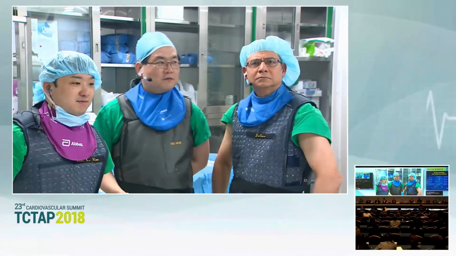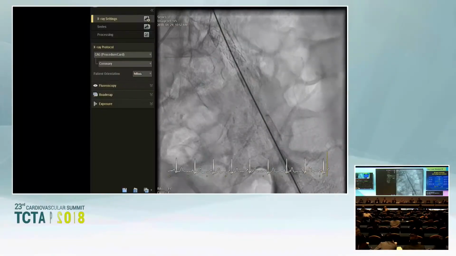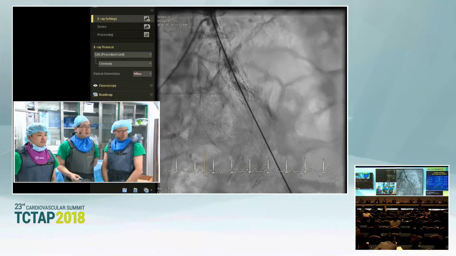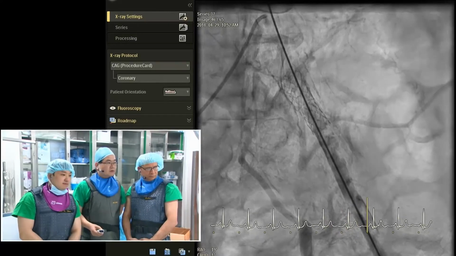Okay, we finalized the cases, and then the angio, show us. Okay, after balloon, there was some haziness at the proximal portion of the stent, and the distal part also had a diseased portion.